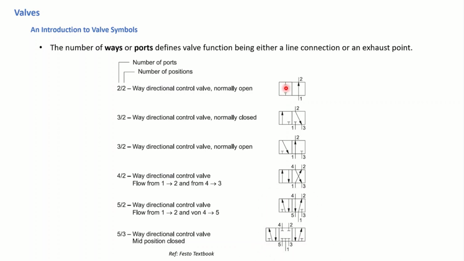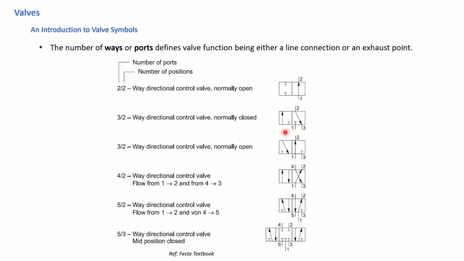And for this specific part, we have two positions and two ports. And as you see in here, the first one is representing number of ports and the second one is representing number of positions. And if we want to call it, we call it a 2x2 way directional control valve, which is normally open, because if we look at the right square in here, the direction of the flow is open, so we can pass the air in its normally open condition, right, in its initial condition.